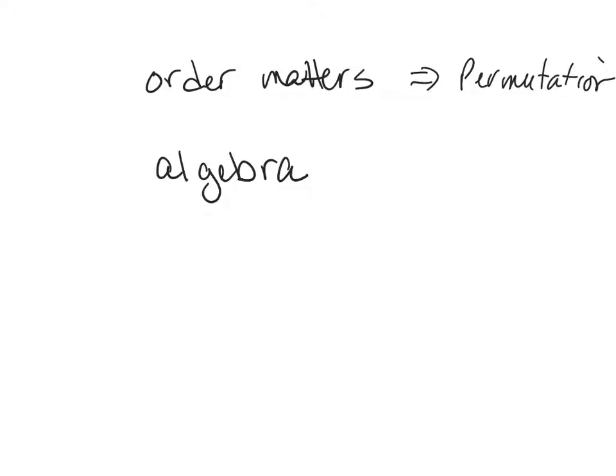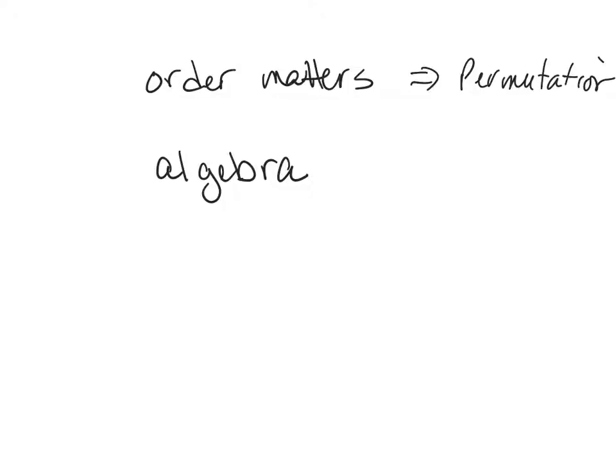Because if I were to switch those 2 A's right now, you wouldn't even know I did it, because they're the same letter. So you have to account for duplicates, okay? You're going to find how many permutations these letters have, but then you have to account for the duplicates and back those out.